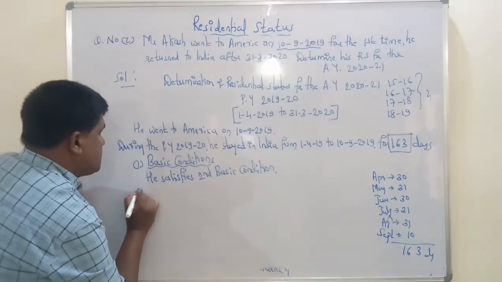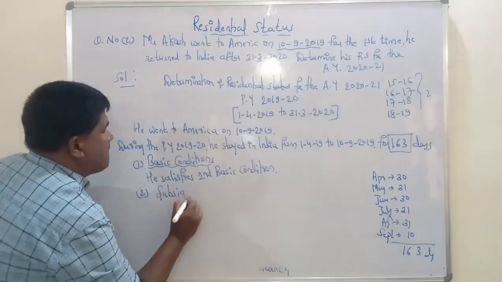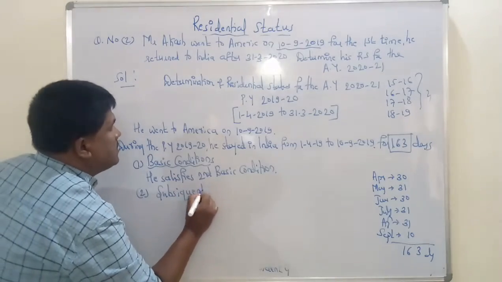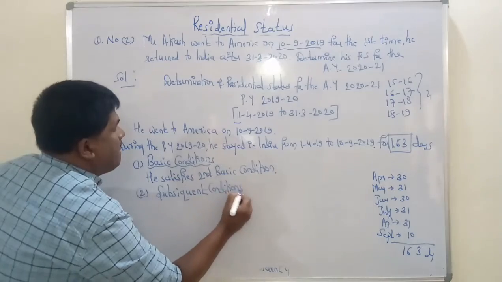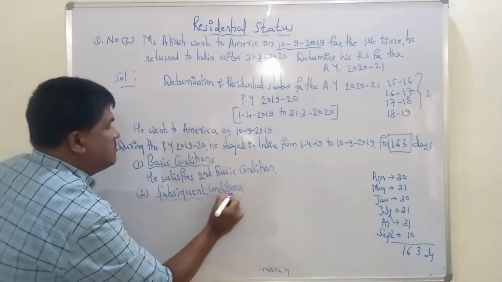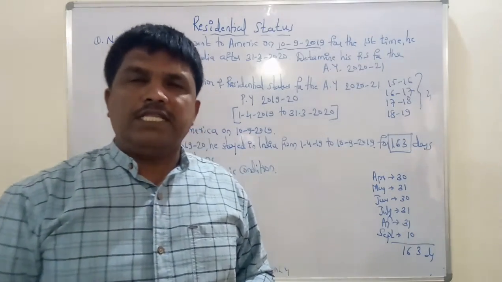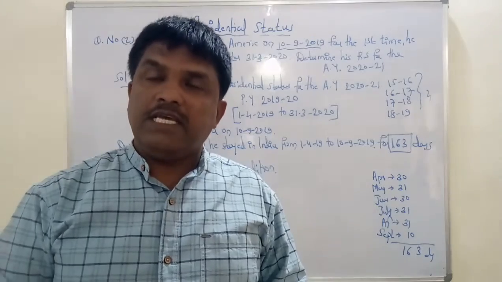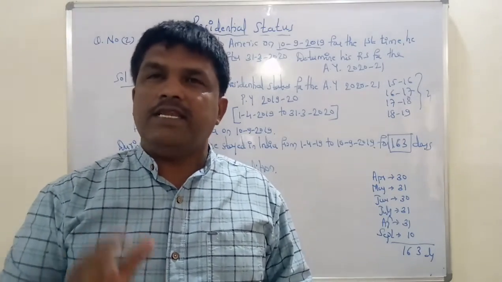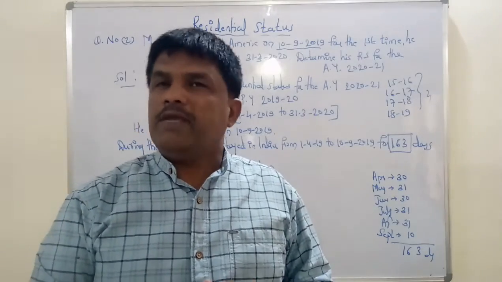Next you go through the subsequent conditions. So the first subsequent condition says that he must be resident in India in 2 out of 10 previous years immediately preceding the previous year.